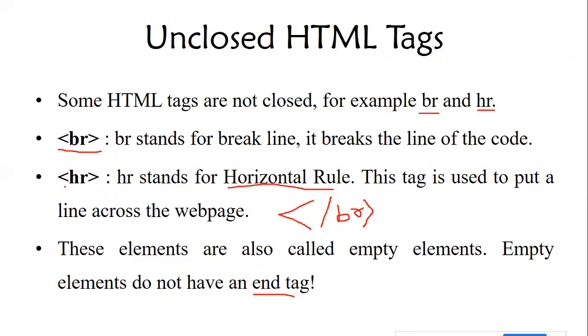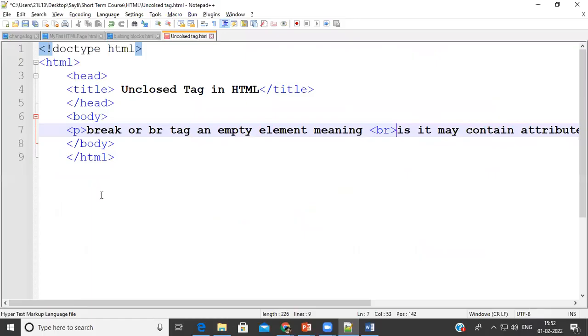Next is the horizontal rule. Actually, the horizontal rule tag is an element which causes the browser to display a horizontal line, that is a rule, in our HTML document. So this is also an unclosed tag.